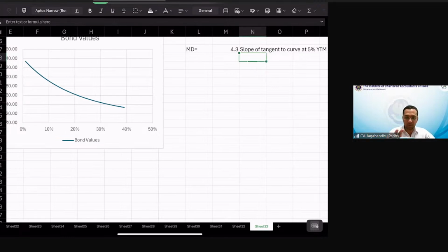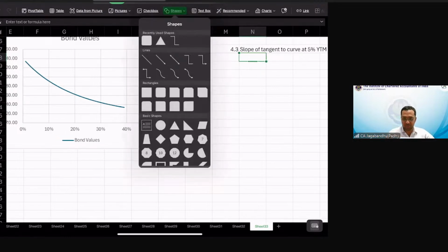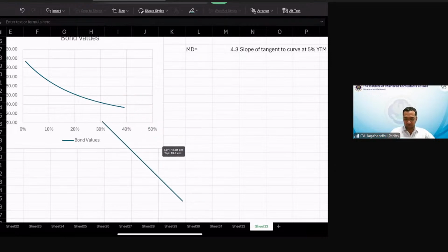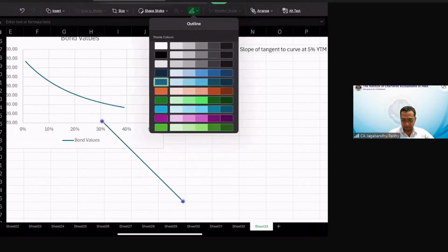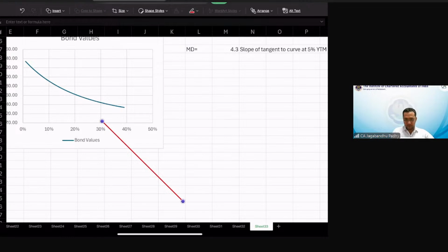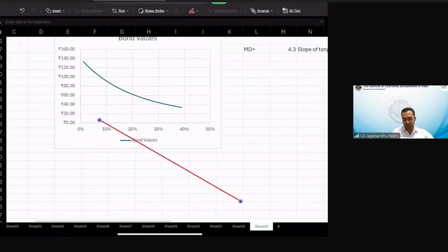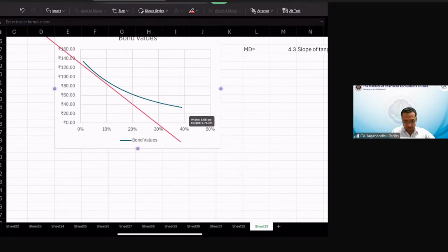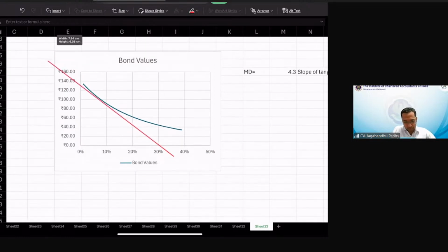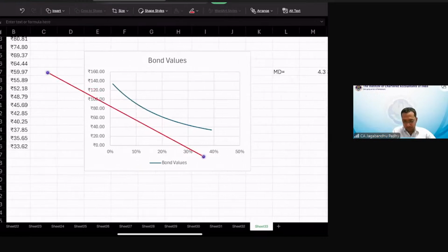So where do we see the tangent in this case? See, this is a line that we have, and we have to make this a tangent at 5%. So possibly this is the tangent at 5% YTM.